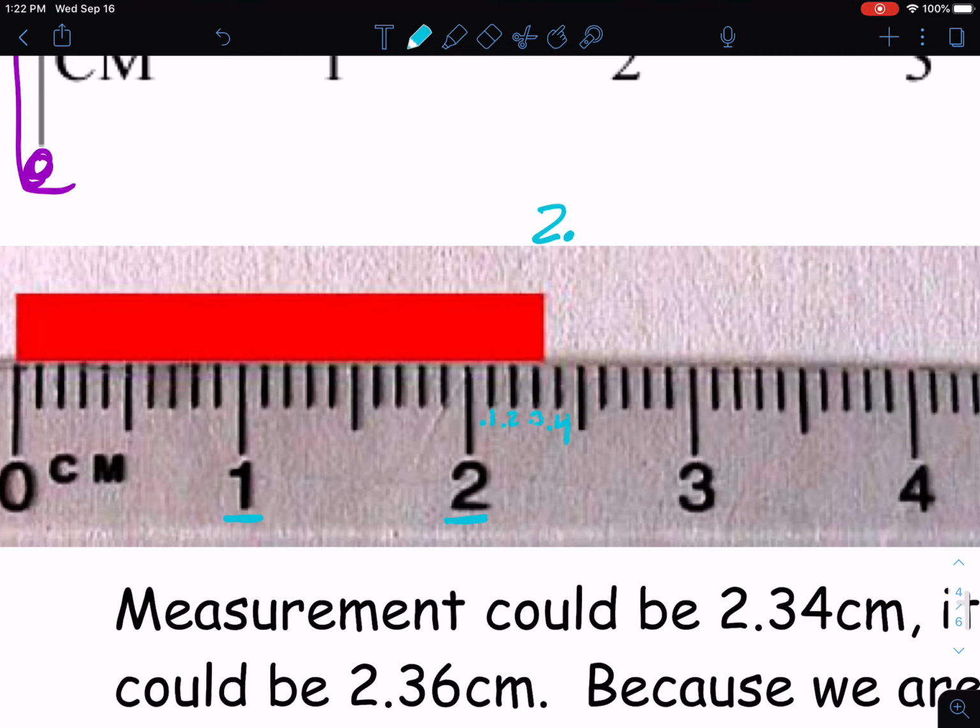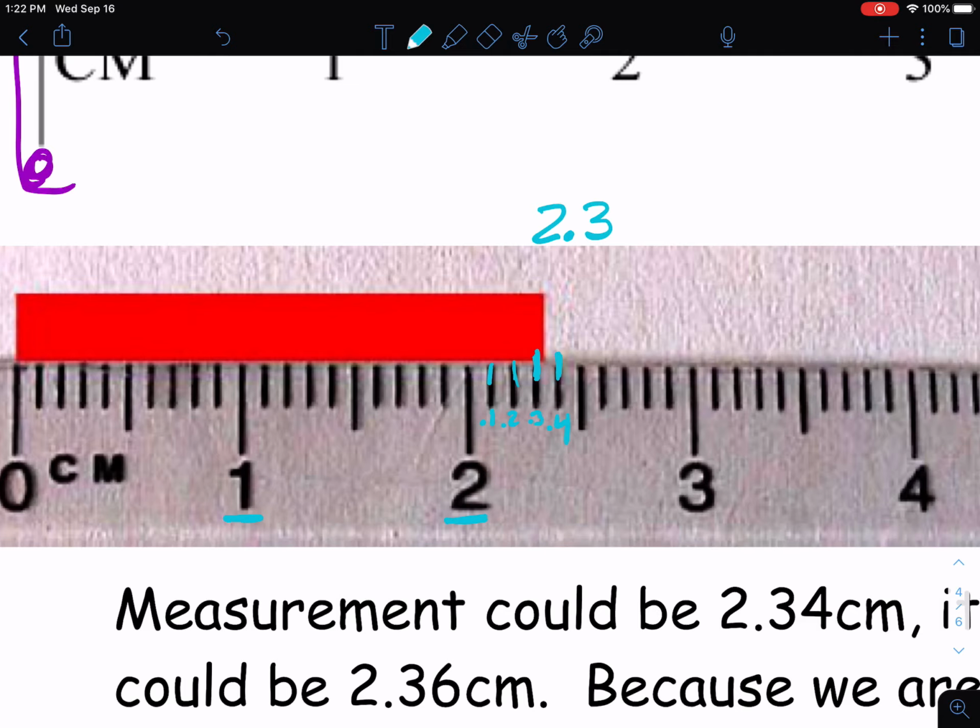We know it went past 0.1. We know it went past 0.2. We know it went past 0.3, but it did not go past 0.4. So our next sure number, the one that we're certain of, is this 3. We're pushing the sig figs to the limit. So we know it went past a 0.3. It did not go past 0.4.